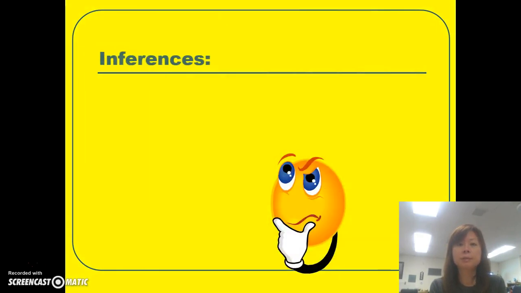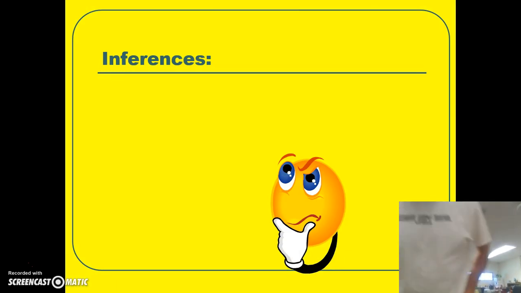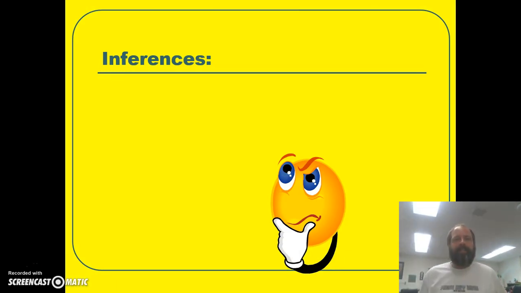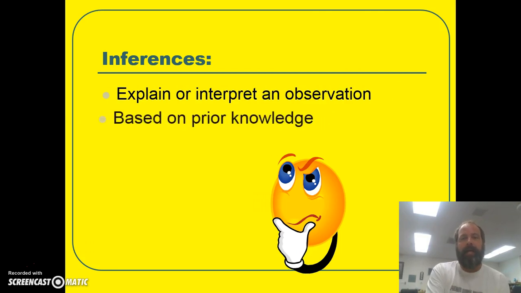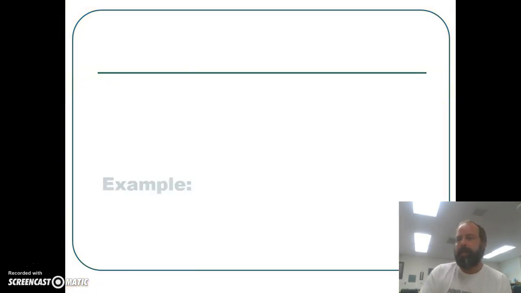Okay, here is Mr. Knox. Another skill that scientists use to investigate the world is inferences. Scientists make inferences, and an inference is based on an observation.